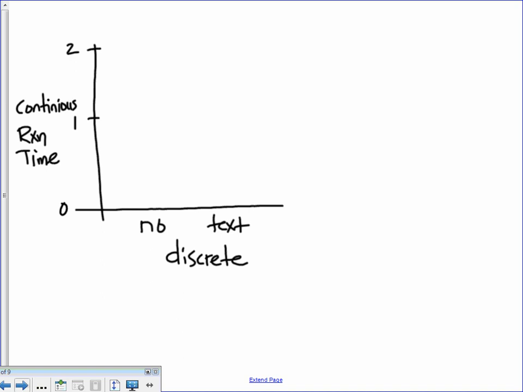It'll probably range somewhere between 0 and 2 seconds, but it could fall anywhere within that continuum. Thus, we call that continuous data. So we have an independent variable that is discrete and a dependent variable that is continuous. This is a good place to apply the t-test. Also, it's a good indicator of when to use a bar graph. Bars work well when you're dealing with discrete data.